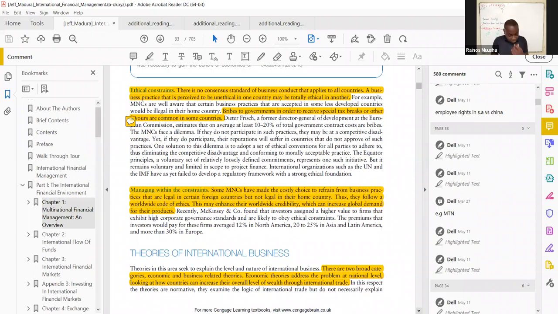I can't remember exactly how that court case ended up, but you saw that they were accused of paying bribes to the local authorities to be able to get that contract. So you have to take into account the ethical constraints when it comes to the operations of multinational corporations.